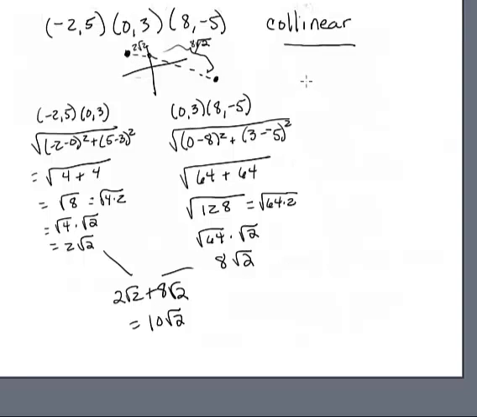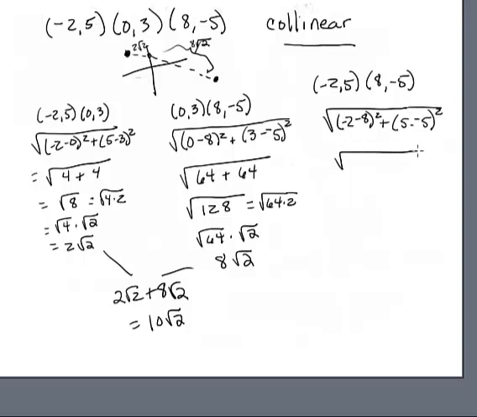So I take my beginning point, -2, 5, 8, -5, and I find the distance. -2 minus 8 squared plus 5 minus -5 squared. Alright, so this is -10 squared is 100, and 5 plus 5 is 10 squared is 100.